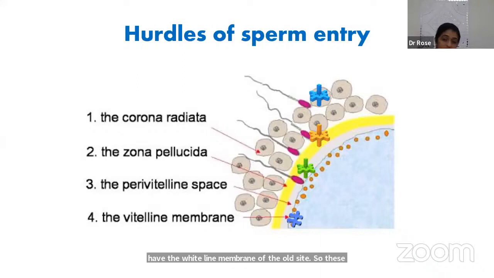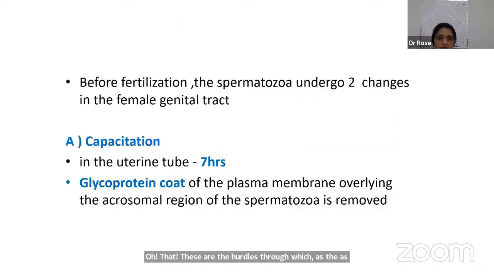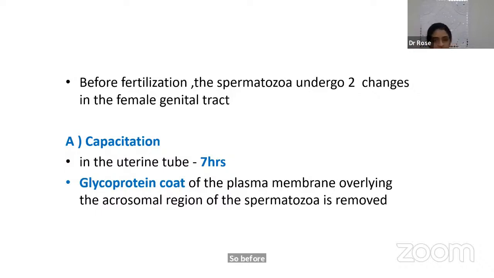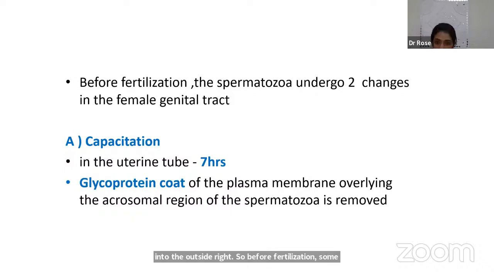These are the hurdles through which the sperm has to pierce in order to reach the vitelline membrane of the oocyte. Not all sperms are capable of entering the oocyte, so before fertilization some changes have to occur in the spermatozoa so that it can pierce the vitelline membrane of the oocyte.